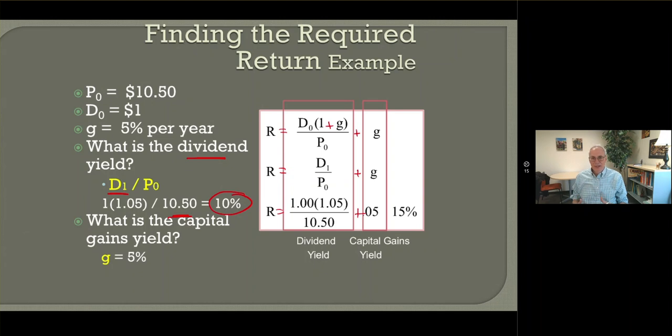The return I'm going to get on what we call the capital gains is the rate at which the stock price should be growing. g is the growth. So when you buy a stock, you can make money two ways. One is the dividend, and two is the price growing. So this 15% is based on 5% for capital gains and 10% for dividend yield.